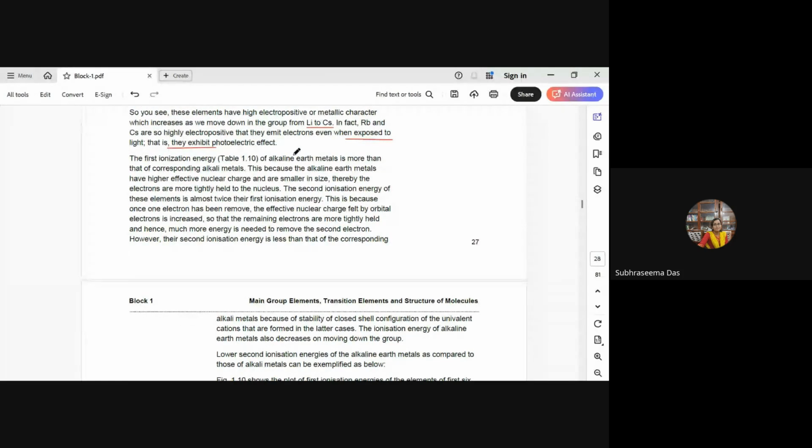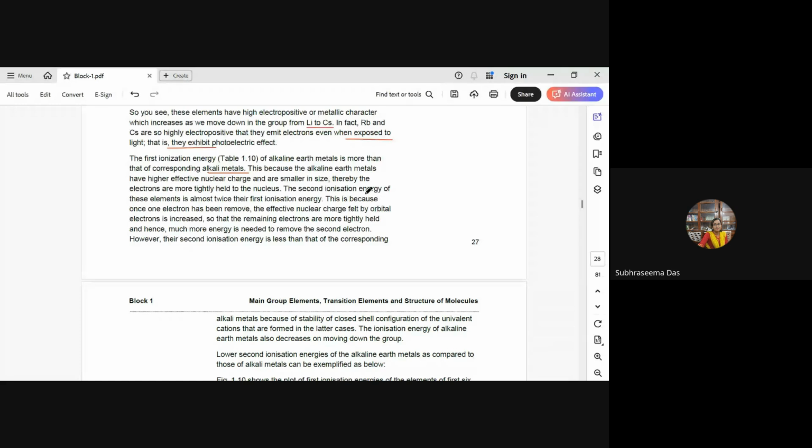Then the first ionization energy of alkaline earth metals is more than that of the corresponding alkali metals. We know that for group 2 elements, the electronic configuration is ns2, that is, the last electron enters the ns2 orbital. Here the size is smaller than the group 1 elements.